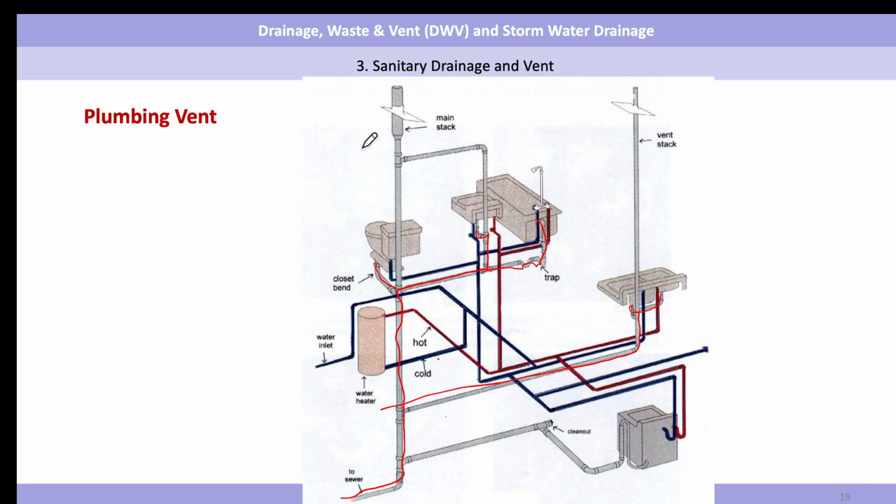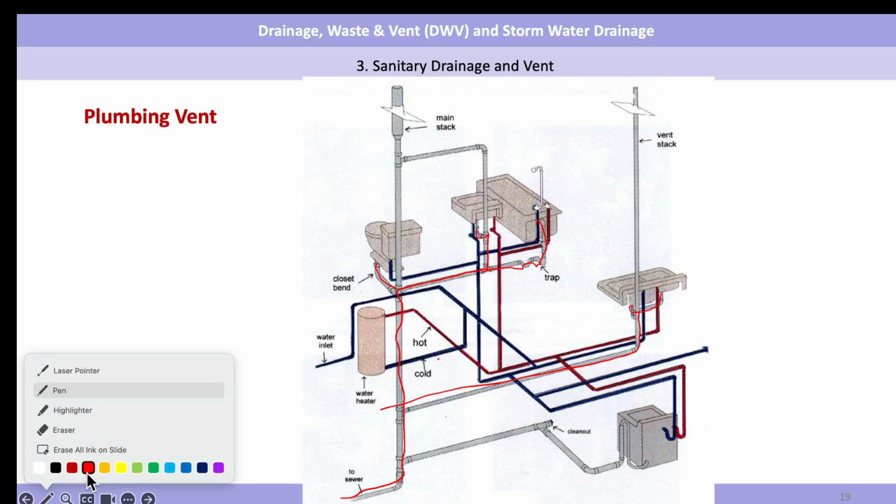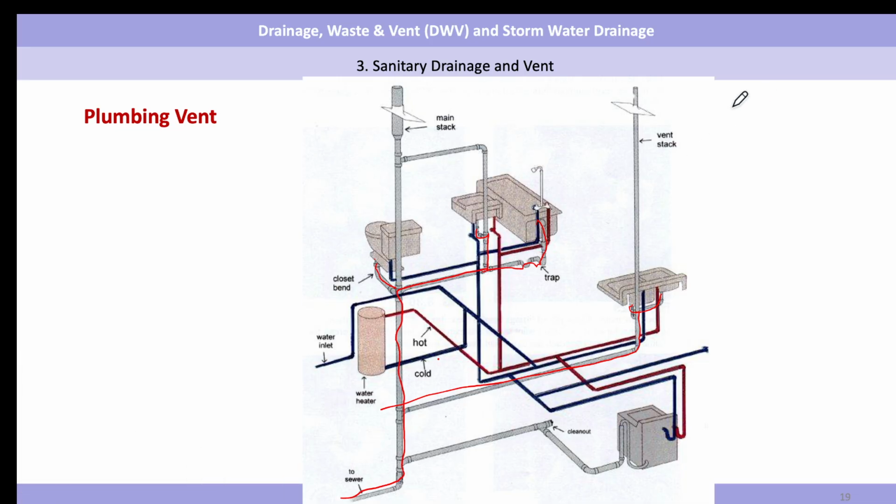Okay, and how about the connection to the drainage system? This is the vent. Okay, and also like this one, vent. So the vent system is connected to the drainage system. Combine them, we call this DWV.